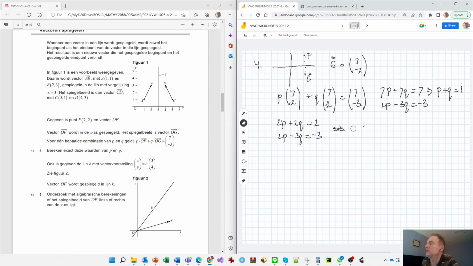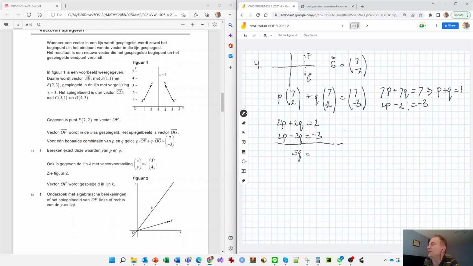Well, let me just take a bit more space. Subtract the second. These drop, so I get 5Q. How come there's a... Alright, so see how important it is to check step by step.